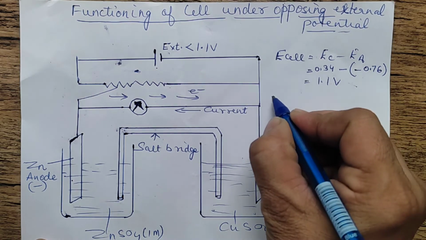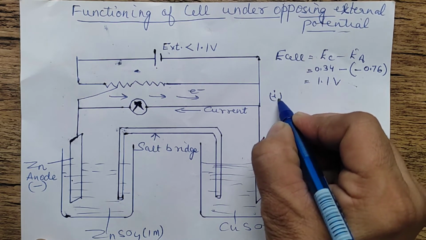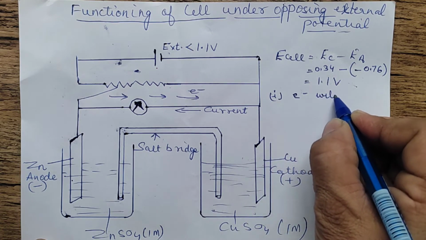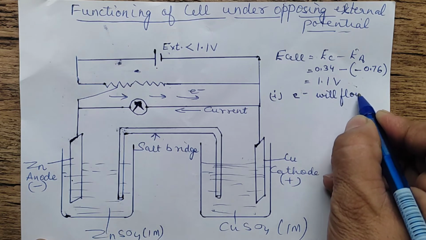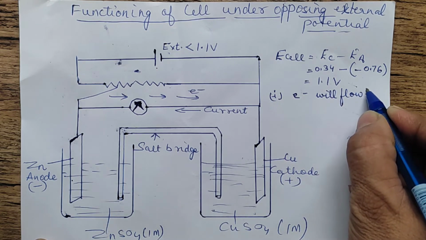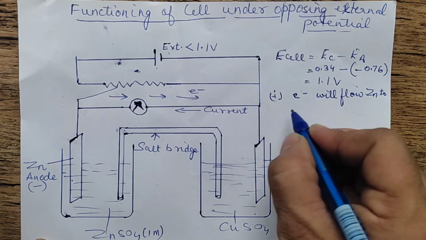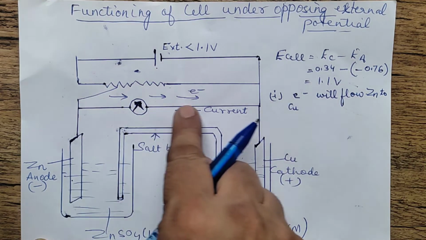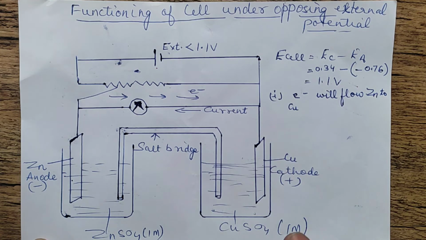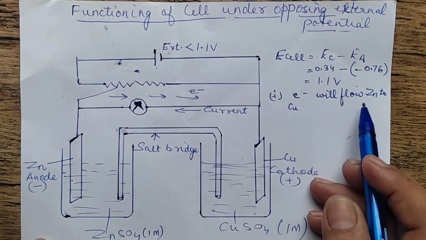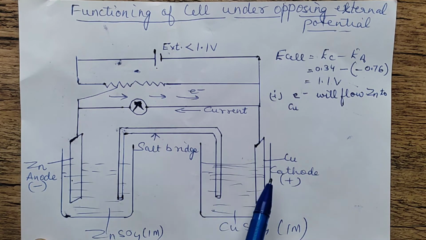That means I am writing three points here. In that, what will happen? The electrons will flow as usual from zinc rod to copper rod, from zinc to copper. As it was happening without this, the same thing will happen in case the external potential is less than 1.1. Electrons will flow from zinc to copper.